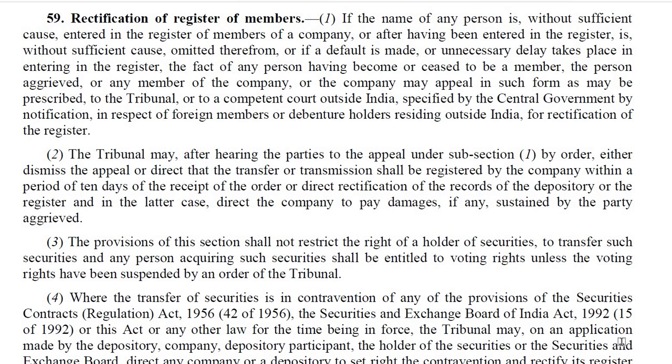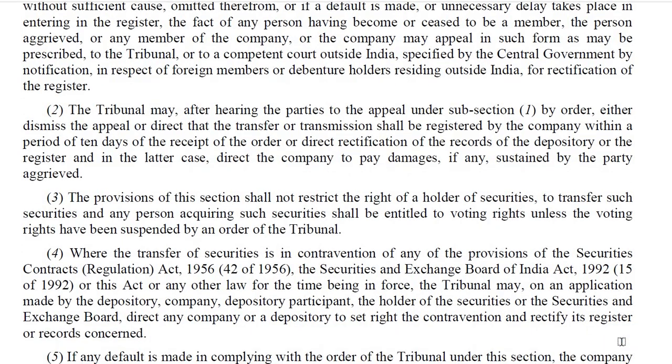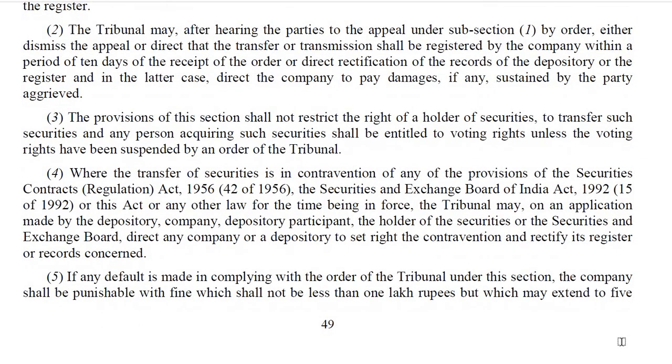A tribunal may, after hearing the parties to the appeal under the subsection, by order either dismiss the appeal or direct that the transfer or transmission shall be registered by the company within a period of 10 days of the receipt of the order, or direct rectification of the records of the depository and the register.